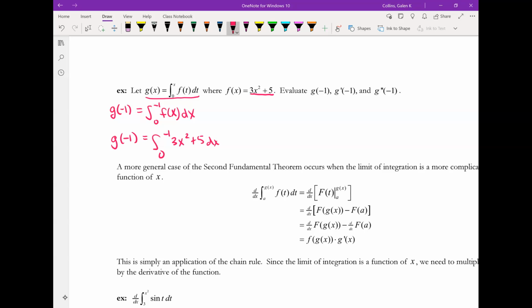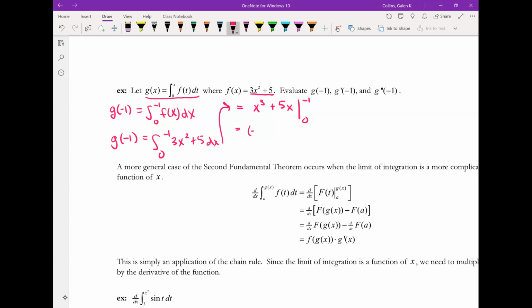Okay, so as we find our antiderivative, we know that we're going to have x cubed, so 1/3 times 3x cubed, plus 5x. And since we have limits of integration, we don't need a plus c, but we're going to evaluate this from 0 to -1.